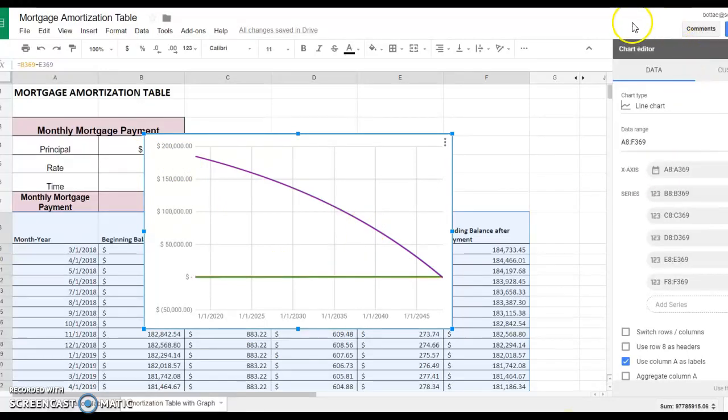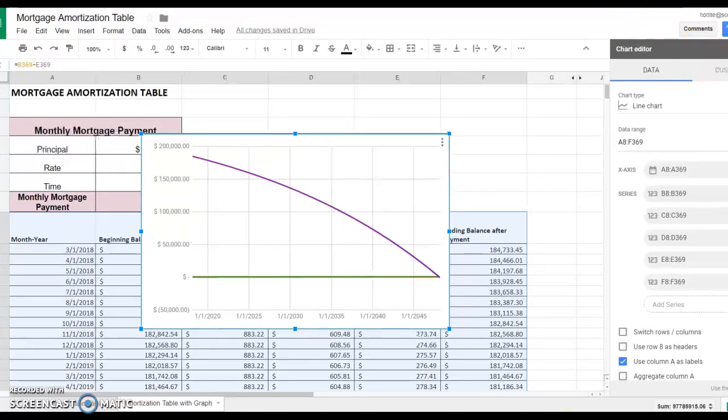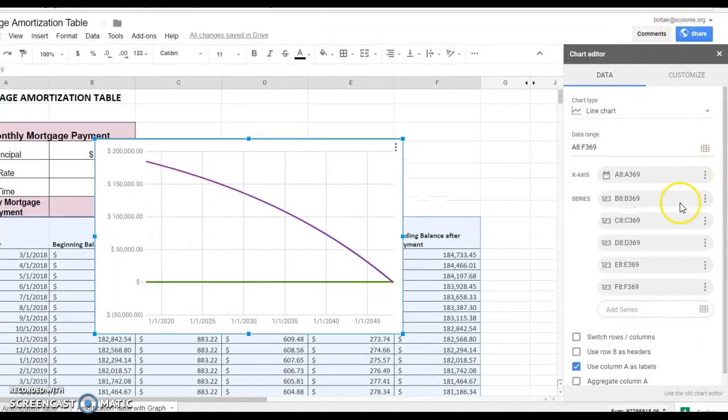But what I'm going to do is move the screen so you can see this. We're going to get rid of some of the information, because all I want to compare is the time versus the principal, or the balance, or what we owe. So I really want to concentrate on this one, not the amount going towards principal or the amount going towards interest.